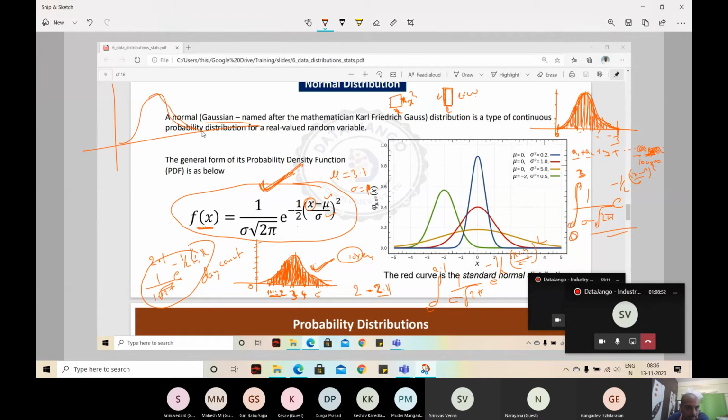If that is the bell curve of the rain, from 0 to 3, and I want to know the probability of rain falling between 2 and 2.1, I'm trying to calculate the area under that curve. To calculate that, I'll use the probability density function and integrate between this range. So what is integration? It is just summation.